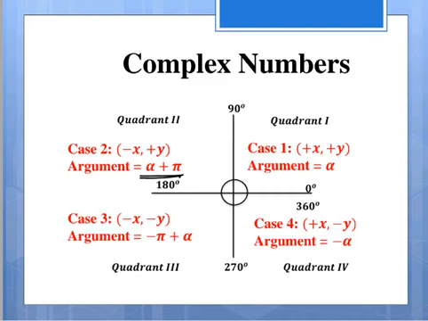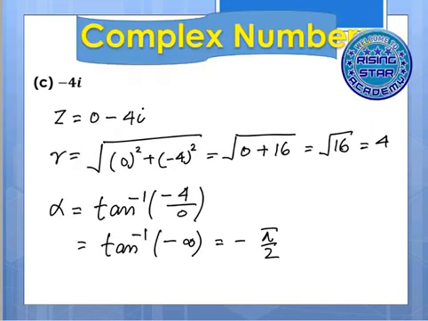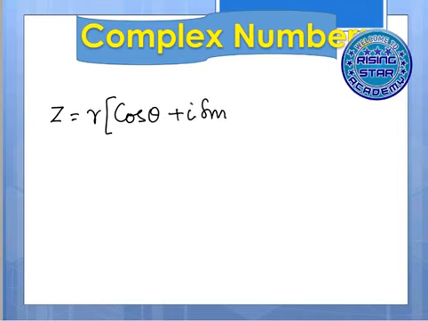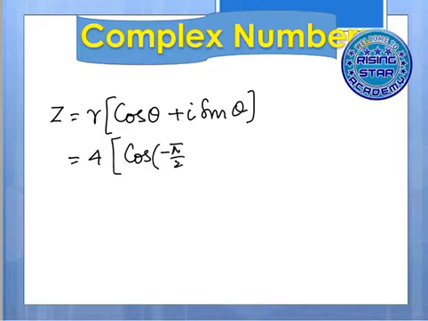The real part 0 is non-negative and negative 4 iota is negative, so this value is lying in the fourth quadrant. Here we can see x is positive and y is negative, so alpha would remain the same, so it means our theta would become negative pi over 2. Now we will write the final answer. So z equals r times cos of theta plus iota sine of theta. So the value of r is 4, cos of negative pi by 2 plus iota sine of negative pi by 2.